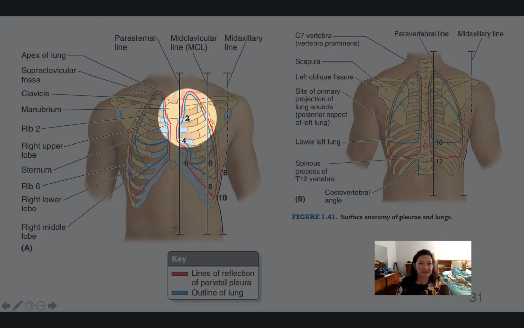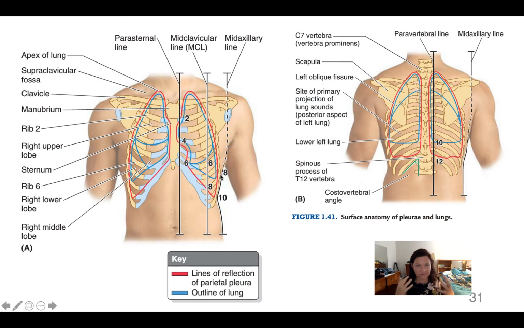For example, if you're at the level of the 2nd rib, you're right at the junction between the manubrium and the body of the sternum, and you're in the superior lobe of both lungs. Conversely, once you're caudal to the 6th rib, you're in the inferior lobe of both lungs. That gives you some frames of reference to think about where you might be.